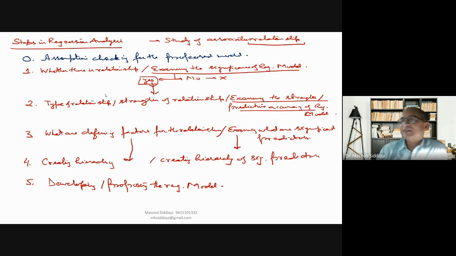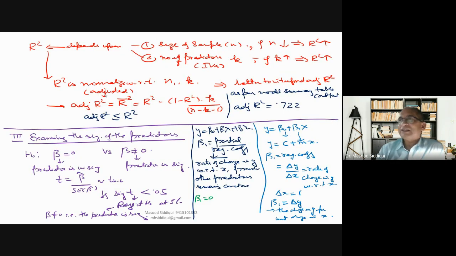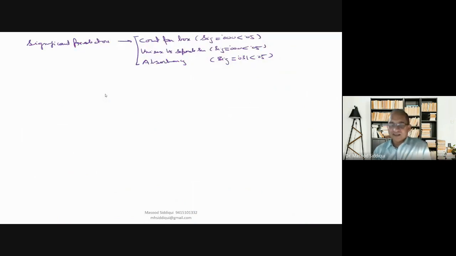Now we are considering the hierarchy, meaning among these 3 predictors, which is number 1 and so on. So this is the 4th aspect we are going to discuss: hierarchy of significant predictors.